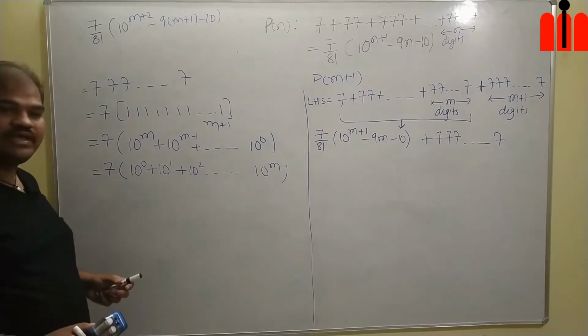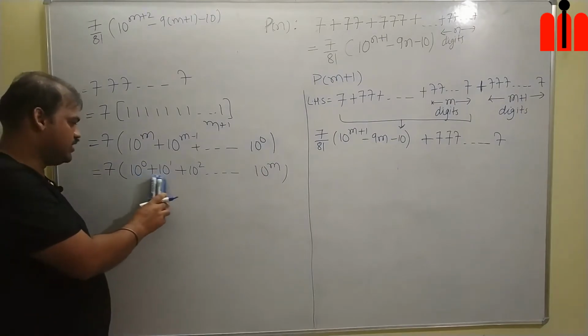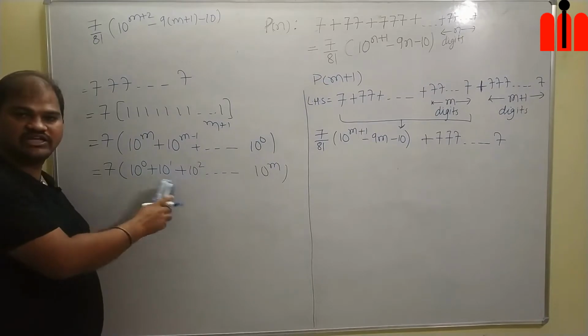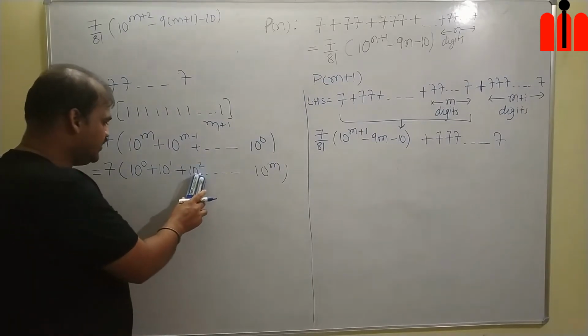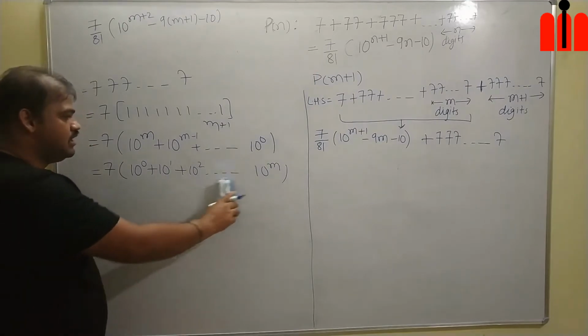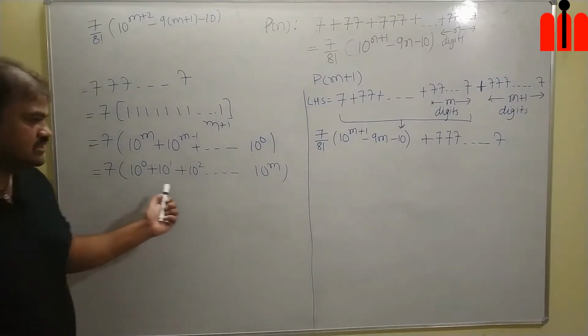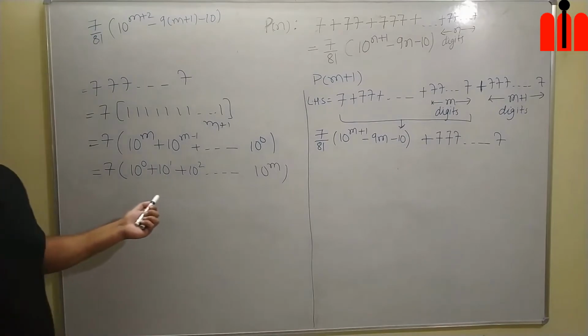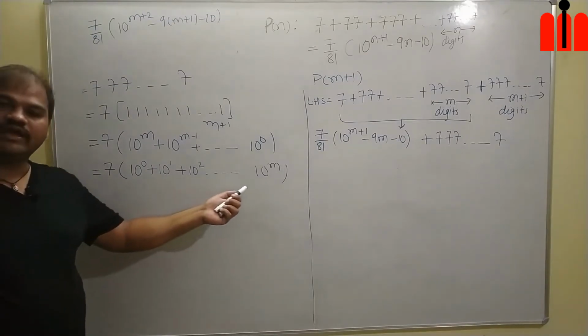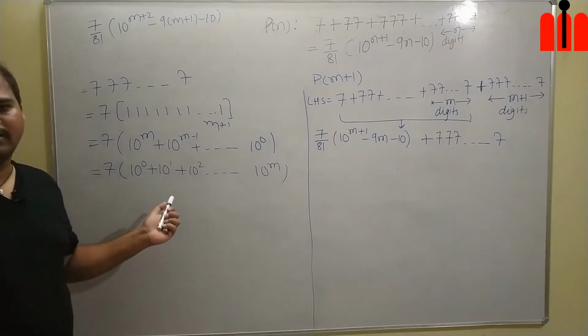Why? Because here the ratio is 10. From 10 to the power of 0 to 10 to the power of 1, the ratio is 10. From 10 to the power of 1 to 10 to the power of 2, the ratio is 10. Like that, the ratio is 10 for the entire sequence. So the sum will be a geometric series.